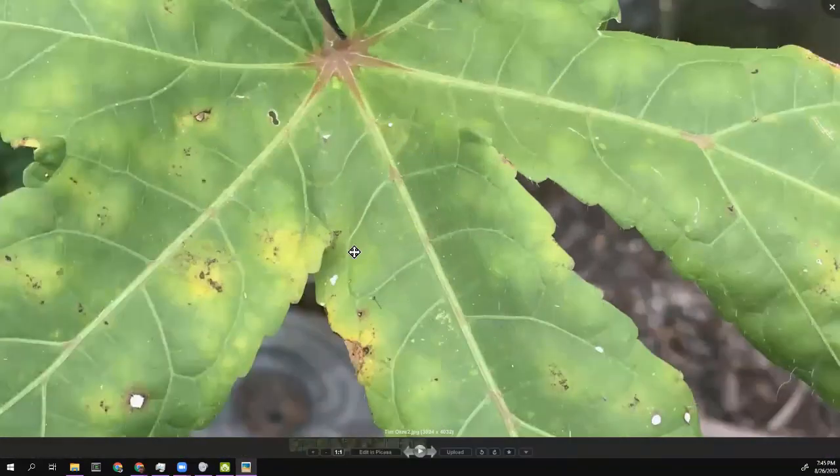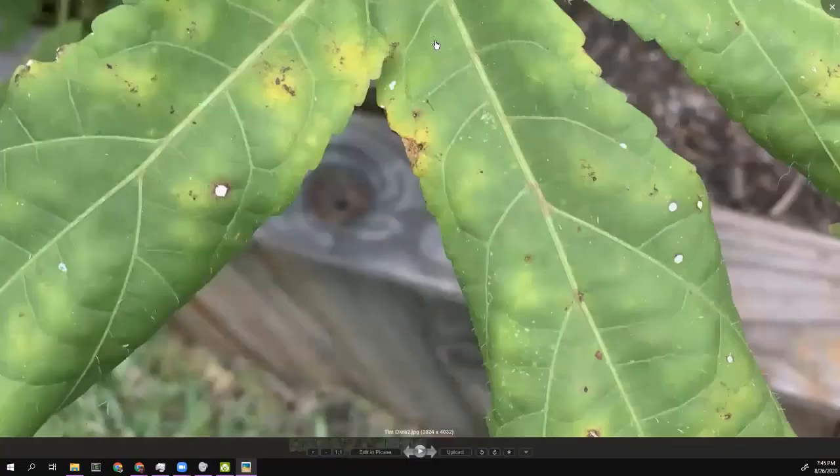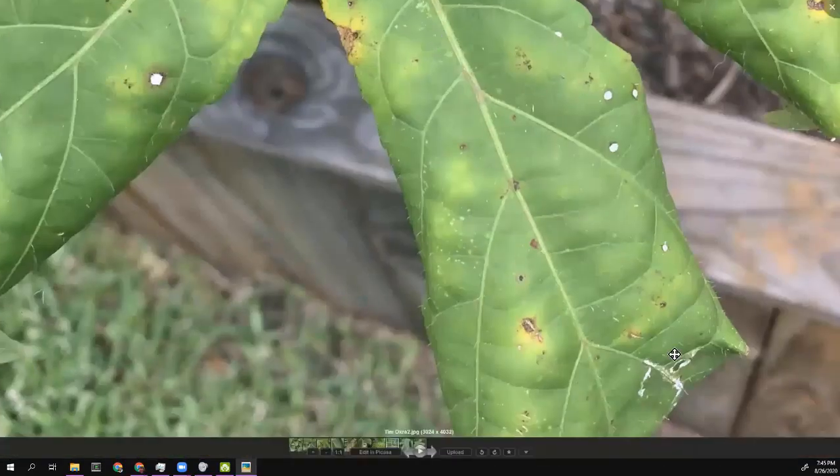Yep, right there. Okay, so the good news is it's on top of the leaf. So we got a powdery and not a downy. So you got a little bit of a mildew, but it's not the one that's going to do a lot of harm.